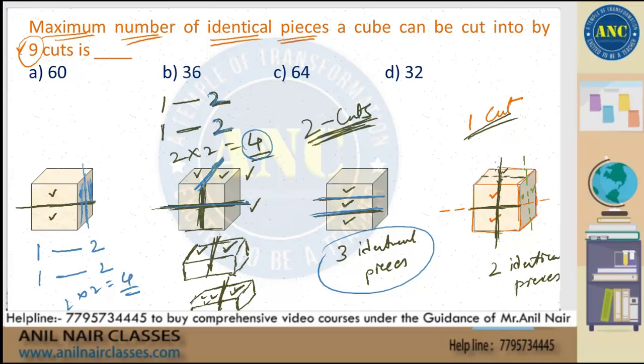So in short, using two cuts, what we understood is if the 2 cuts are in the same direction, I got 3 identical pieces. Whereas if I cut it in 2 different directions, in one direction it gave me 2 pieces, in another direction it gave me 2 pieces, 2 into 2 it gave me 4 pieces.